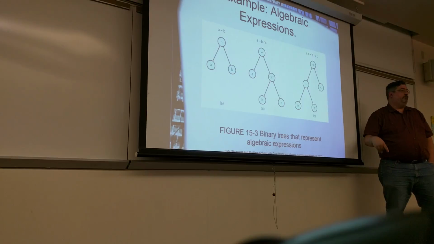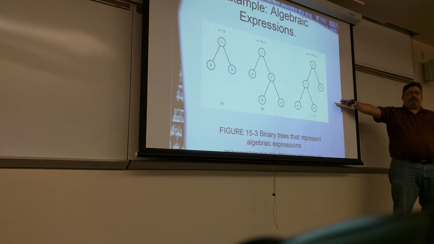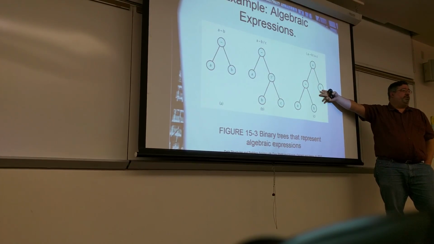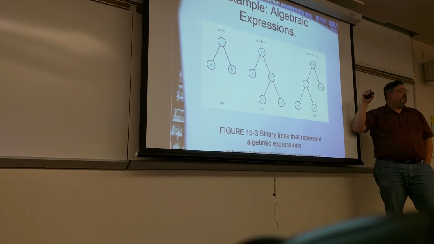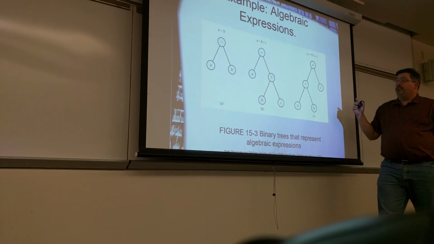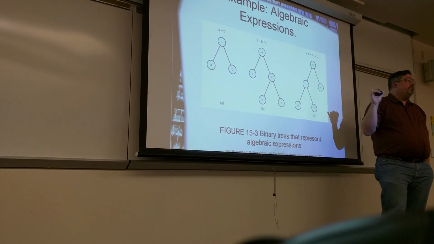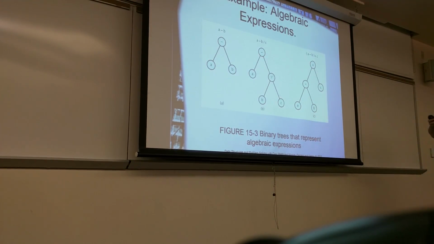Same idea. Using trees to parse expressions is something you run into in compilers. Those of you going on in computer science will run into a compiler class at some point, and you'll need to build these.